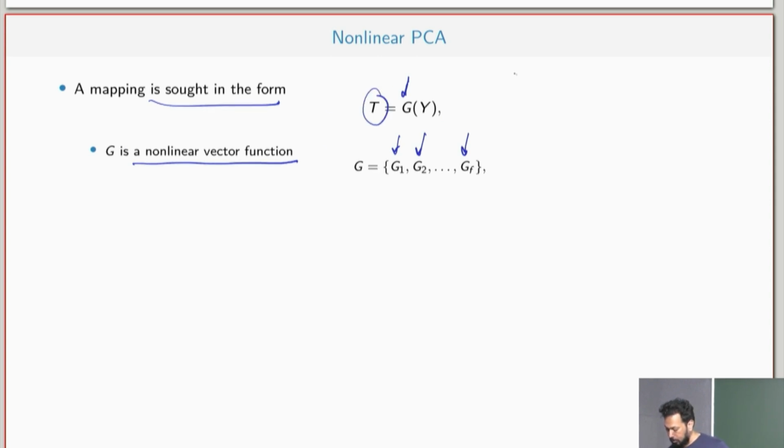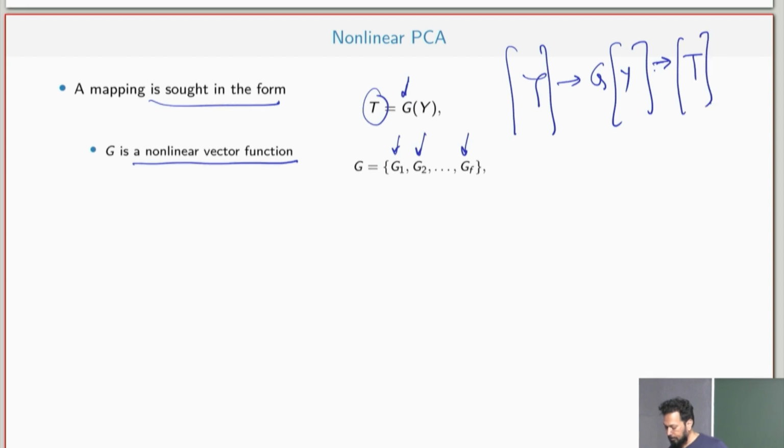Okay, so t itself is a vector. What we are trying to say is like this: we have a y, and it goes through g, and what we get is t. Now t itself is a vector. So each component of t, I may see this as t1 coming from multiple components, in this case f components.